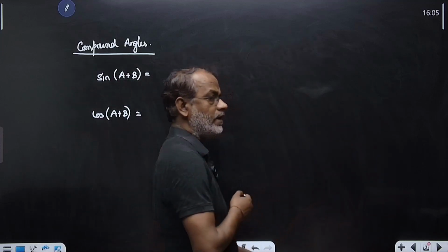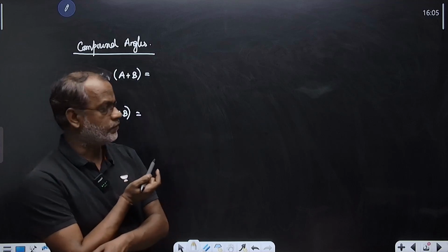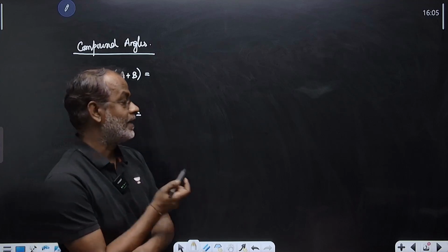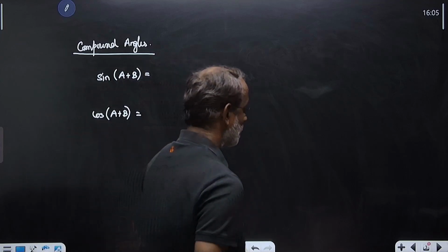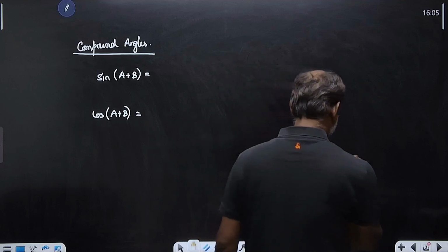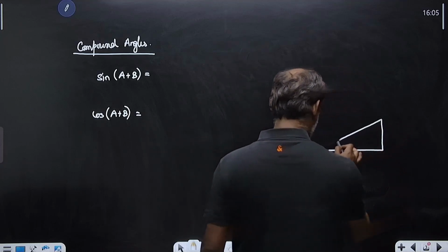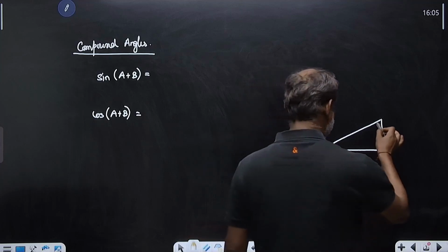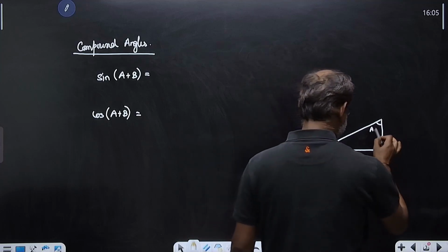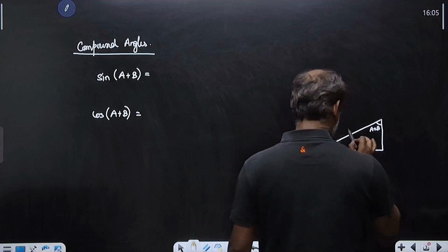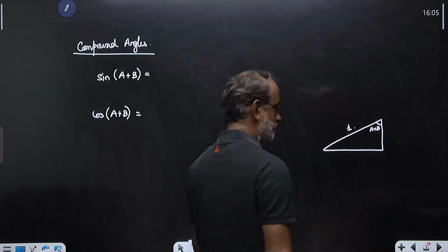Let me draw a very beautiful proof in which we use sides of rectangles to justify the expressions. Now, consider this triangle, a right angle triangle. This angle is a plus b and its hypotenuse is 1.